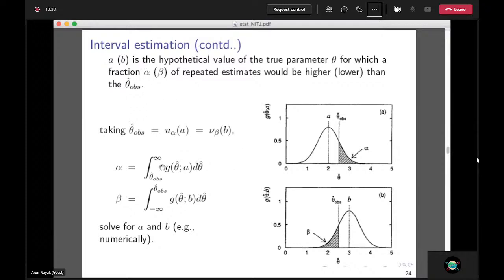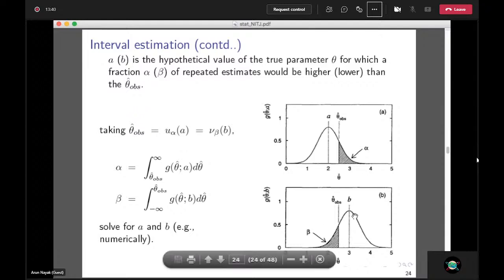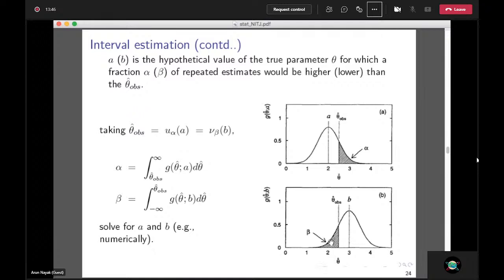Similarly, B is the hypothetical value of the true parameter for which a fraction beta of repeated experiments would be lower than the value that we observe.